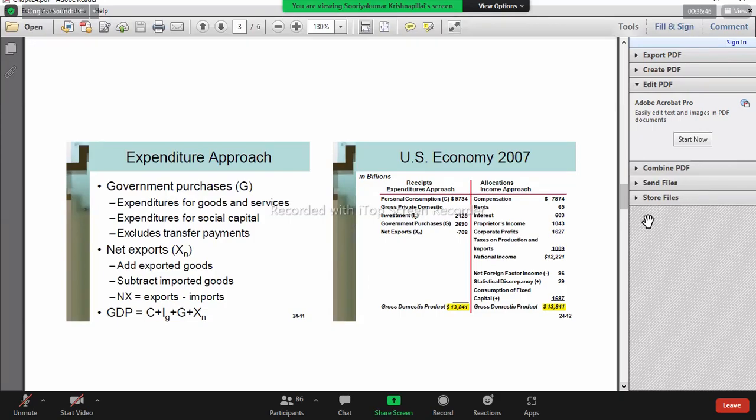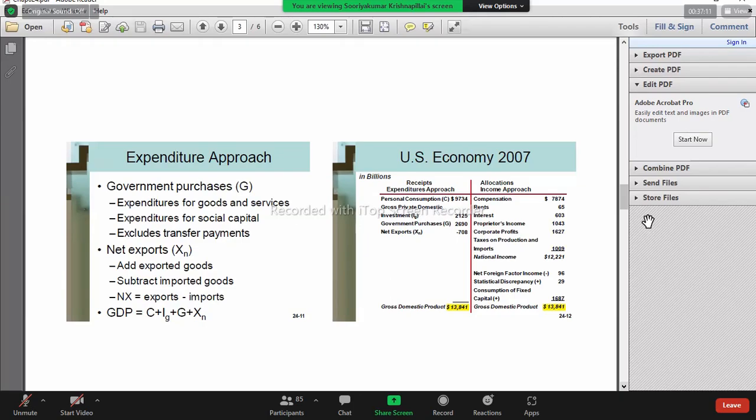So when we see the expenditure and income approach, this is a US example. Now you can see personal consumption expenditure, gross private domestic investment, government expenditure, net export. They sum up to gross domestic product, 13,841.